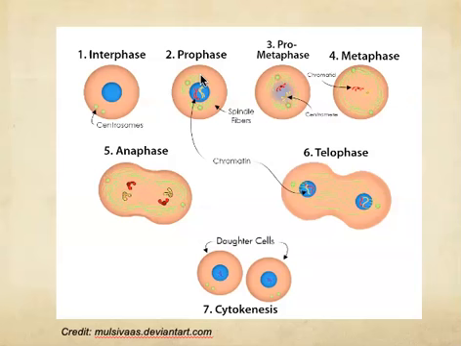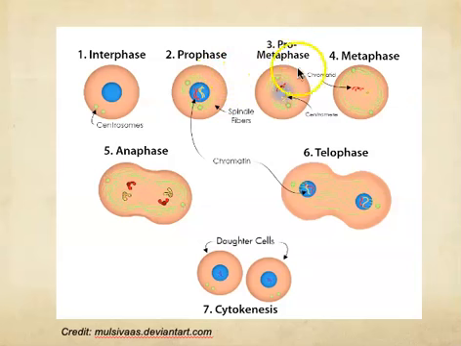Outside of the nucleus, we can see that the centrosomes are moving towards opposite ends of the cell, and out of the pair of centrioles inside each centrosome, microtubules are being constructed. The spindle apparatus is being assembled, it's being readied.